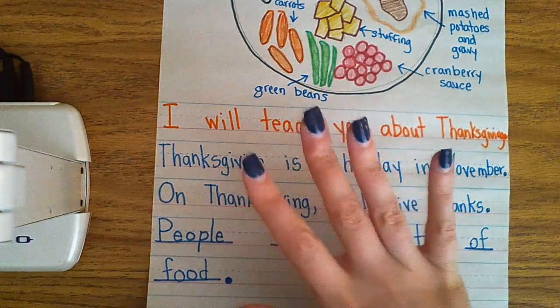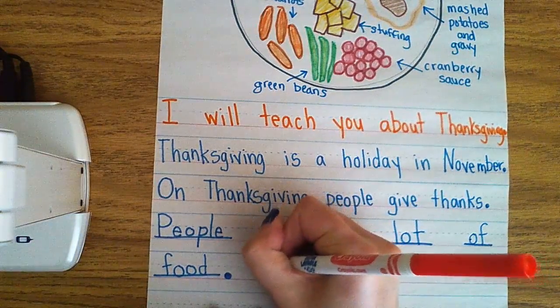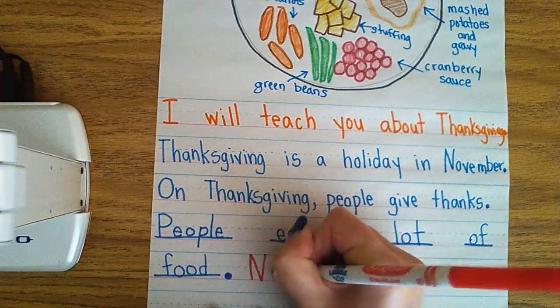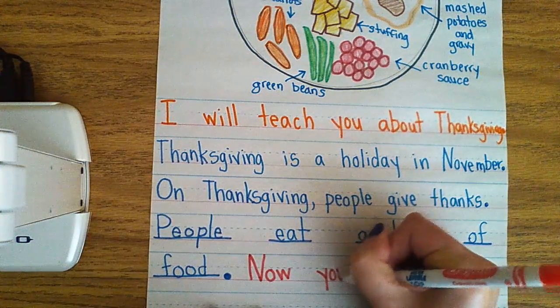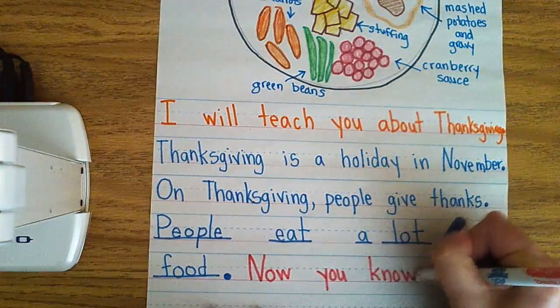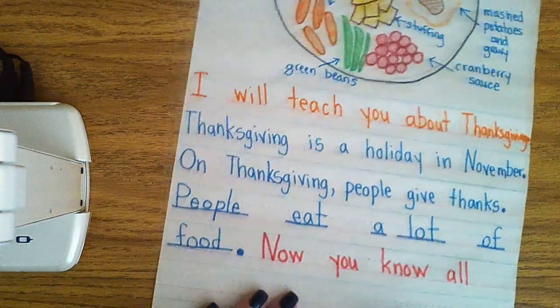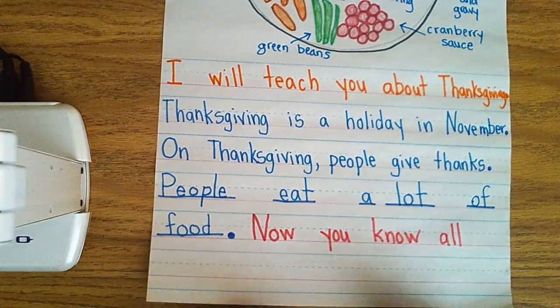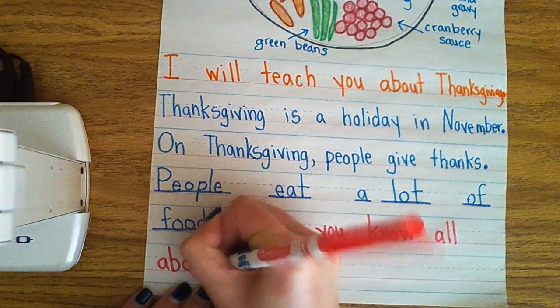That's our sentence that goes on our pinky. So I'm going to write it. Now, uppercase N at the beginning of our sentence. Now you, that's a sight word, know, K-N-O-W, another sight word, all about, come to my next line because I ran out of some space, about Thanksgiving.